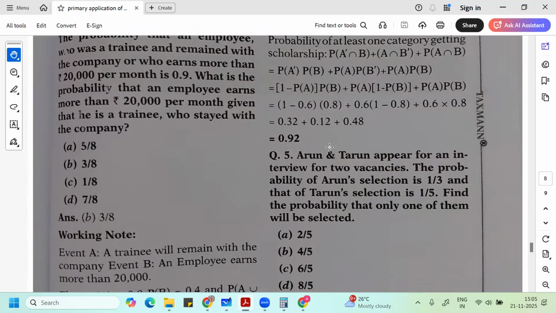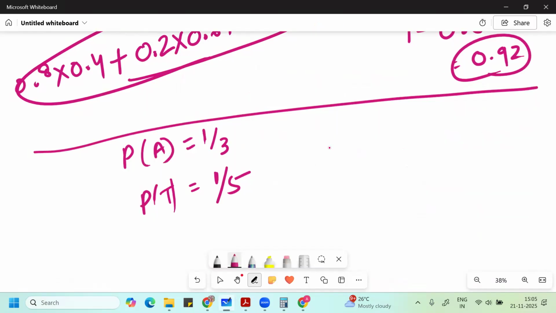What is the probability that one of them will be selected? One of them selected means Arun getting selected and Tarun not getting selected, or Arun not getting selected and Tarun getting selected.